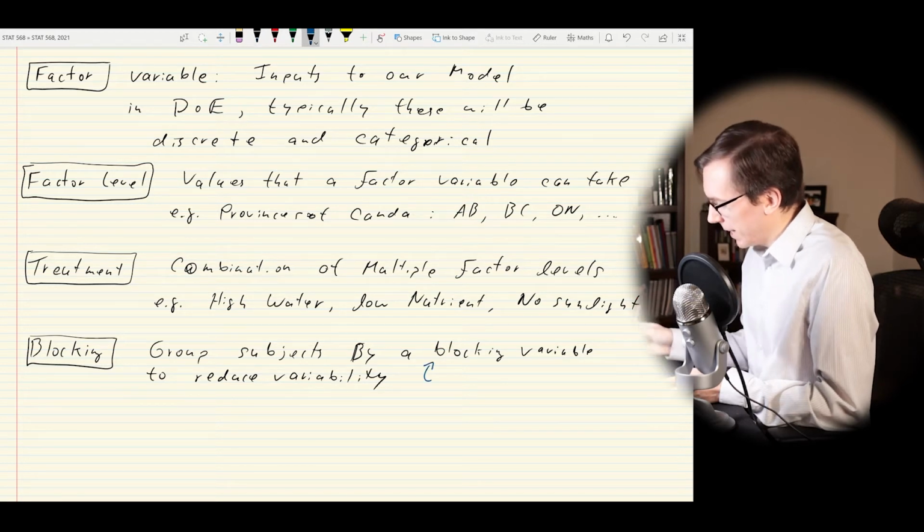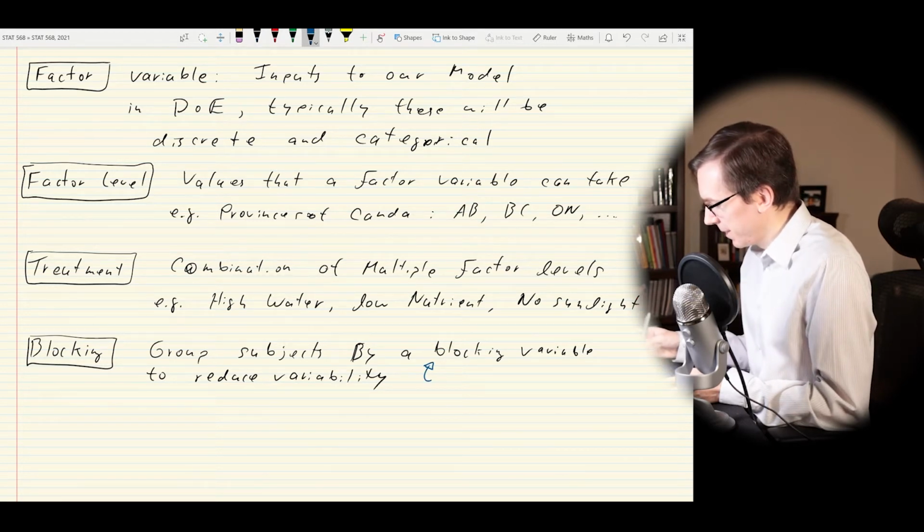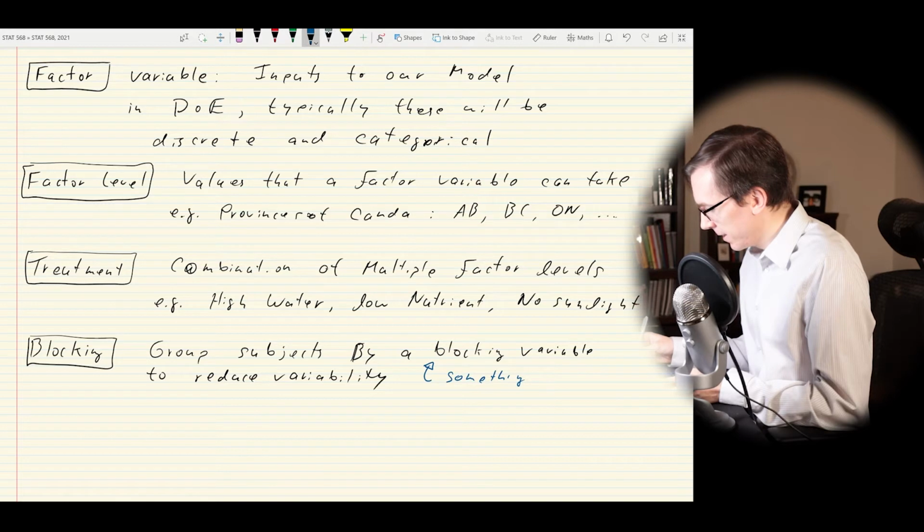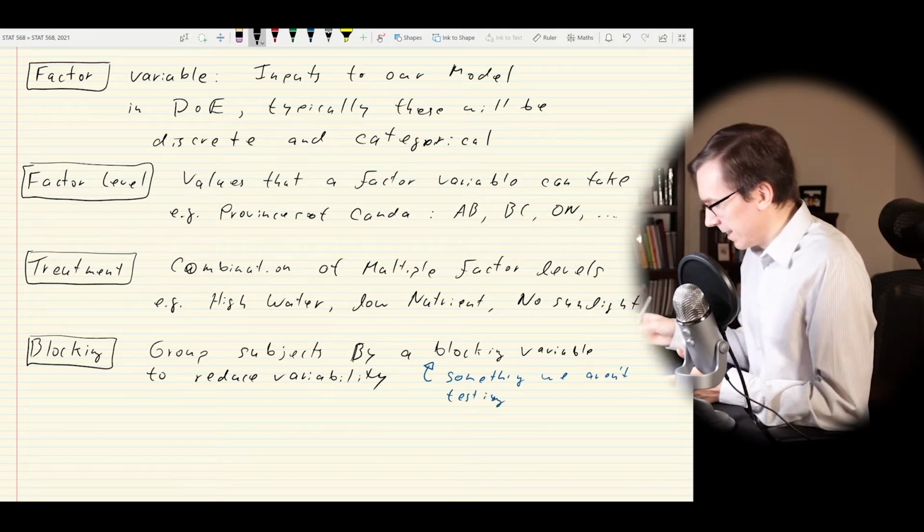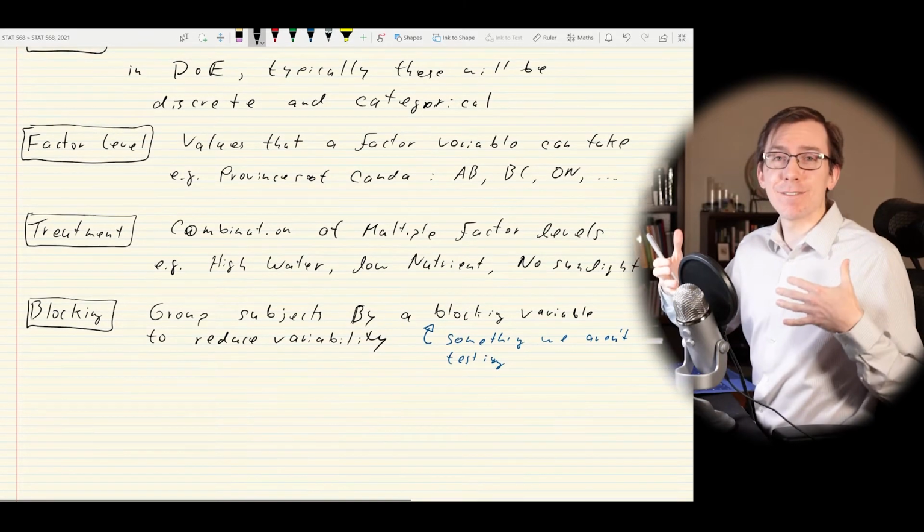The idea is that a blocking variable is going to be something we aren't testing, but something that could still cause variability.